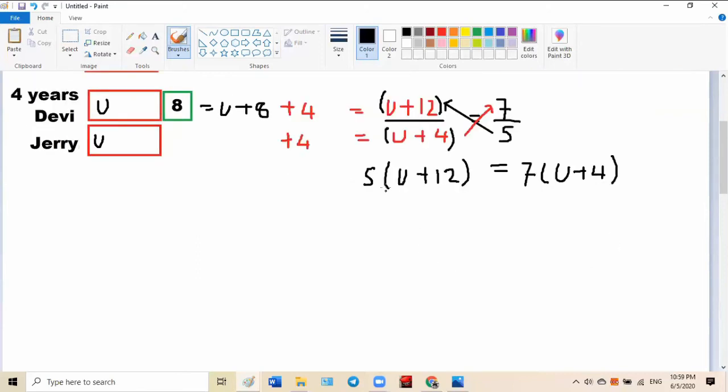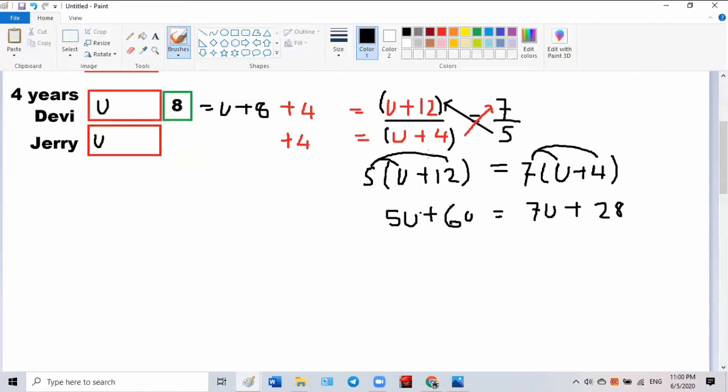If we multiply in, 5 sets of unit plus 12 gives us 5 units, and because we have 5 sets of 12, we have 60 on this side. And 7 sets of unit plus 4 gives us 7 units on this side, and 7 multiplied by 4 gives us 28.